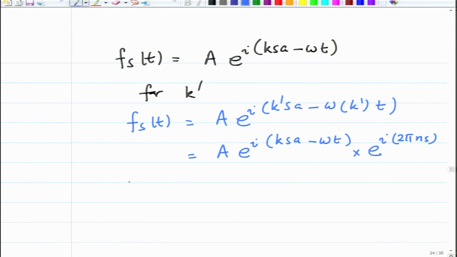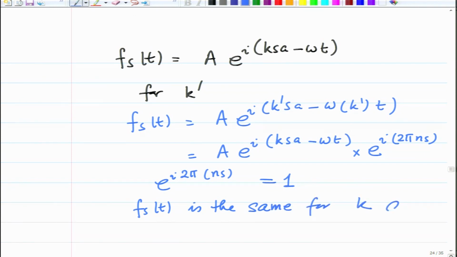Now, n and s both are integers, therefore e raised to i 2 pi n s is equal to 1, and we find that f s t is the same for k and k prime equal to k plus 2 pi over a times an integer n.